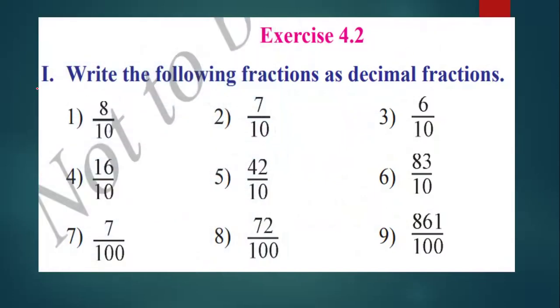Exercise 4.2, first one, write the following fractions as a decimal fraction. 8 by 10, this is 0.8. In denominator, only one zero is there, therefore, put a decimal point after one digit from right side.